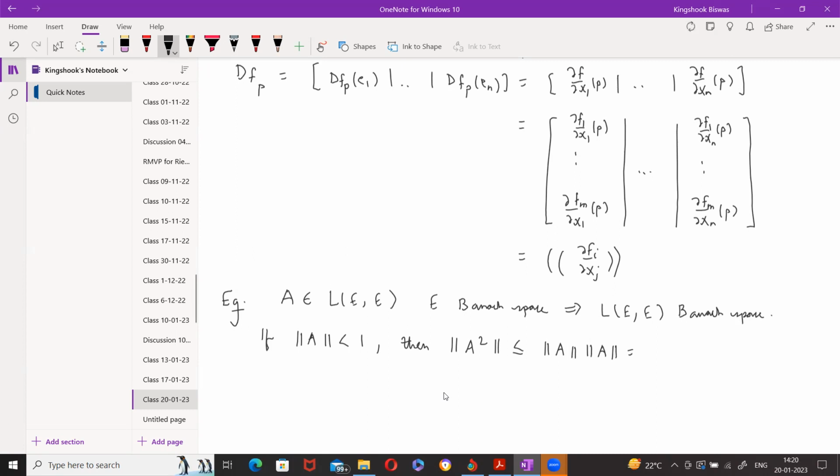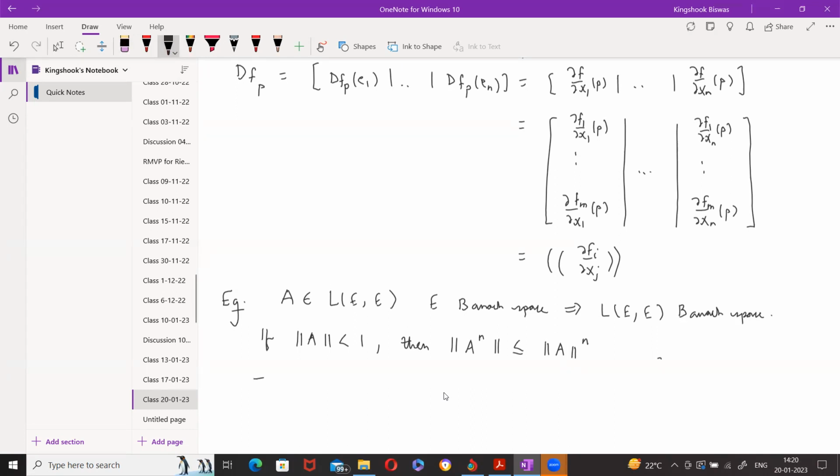So this will be less than or equal to norm A squared. Similarly, in general, the norm of A^n is less than or equal to norm A to the power n.